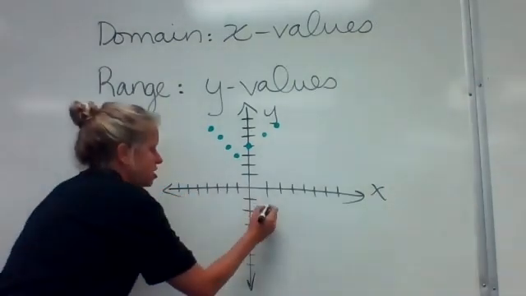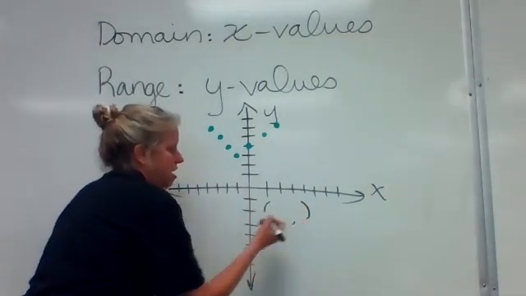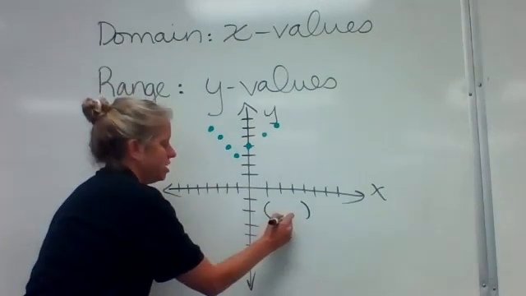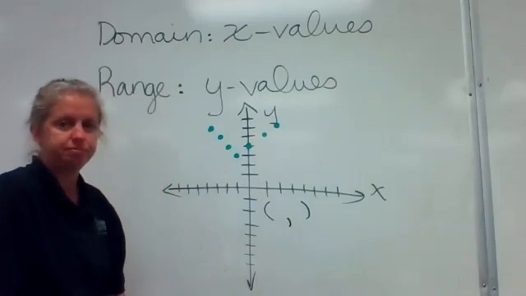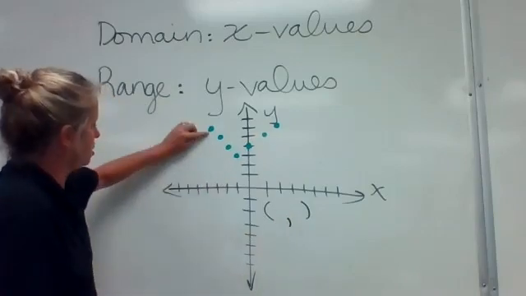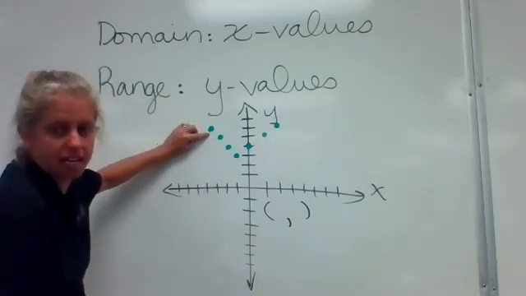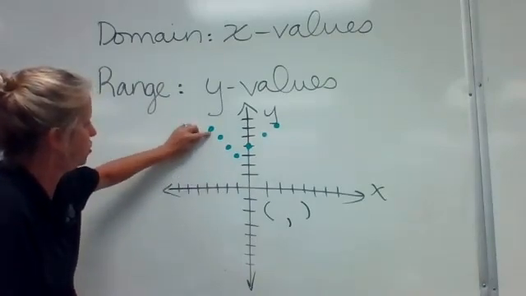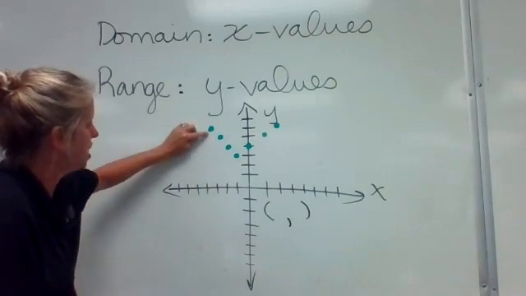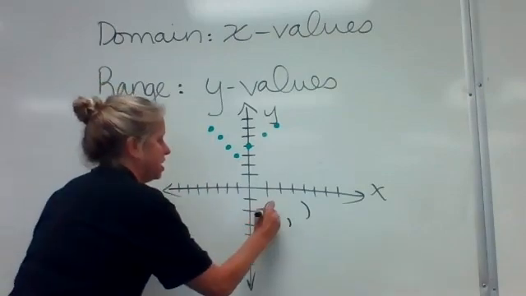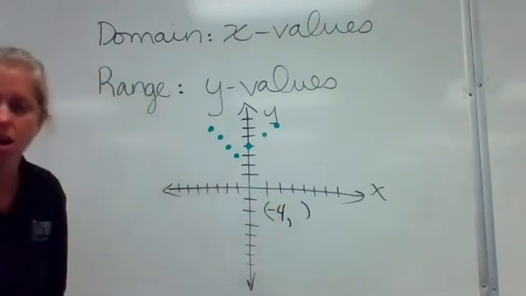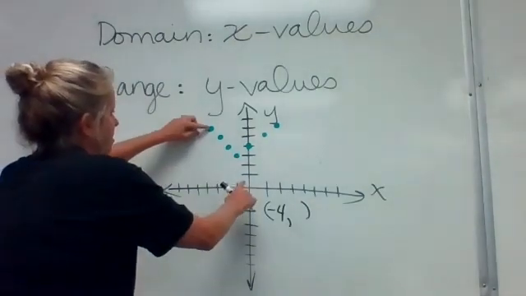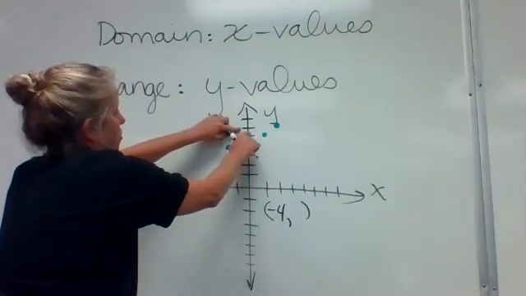Now, remember, each point always comes from an ordered pair, and it's going to have an x coordinate and a y coordinate. So let's look at this first point on the left. Where does it line up with on the x-axis? And again, if you have yours out, it's probably easier to look at yours. It looks like it's lining up with the -4 on the x-axis and the y, 1, 2, 3, 4, 5, 6.